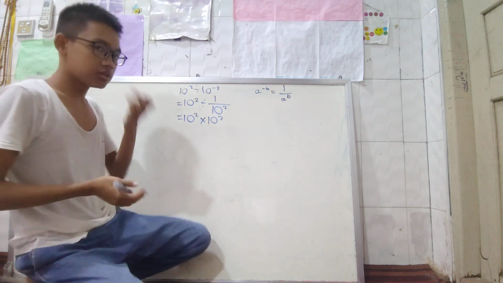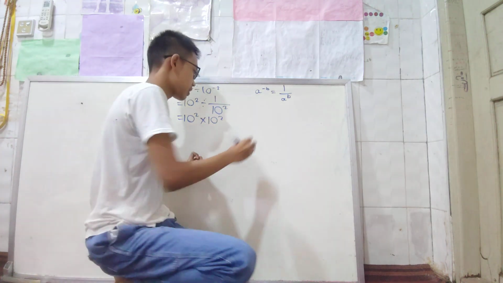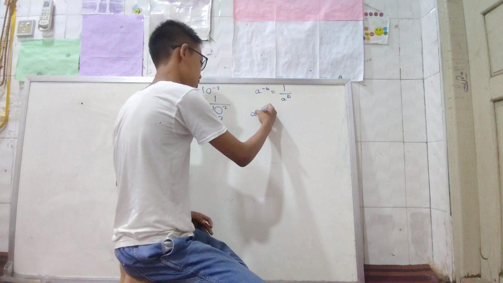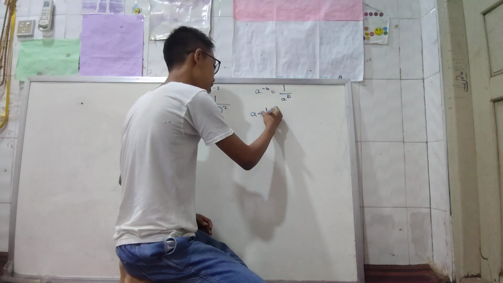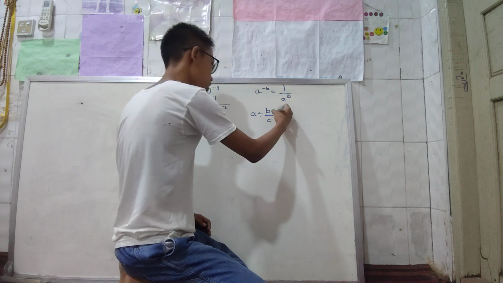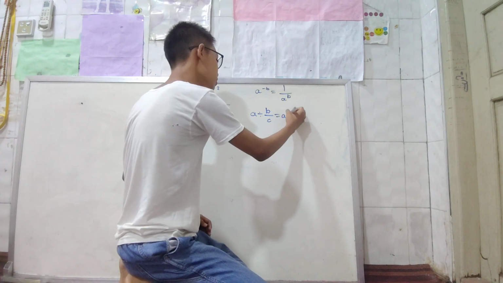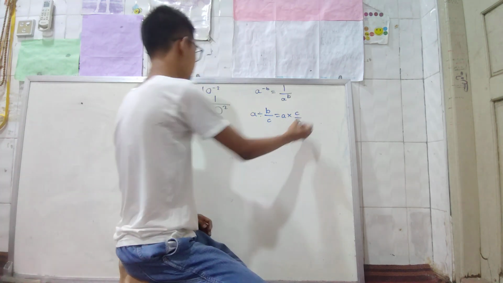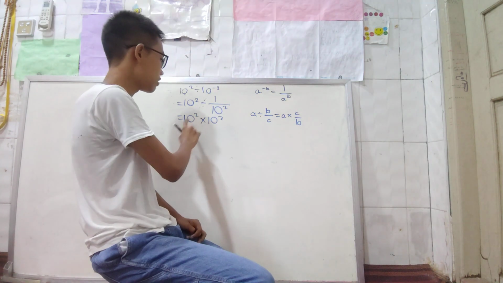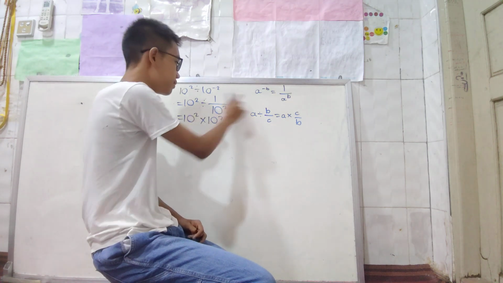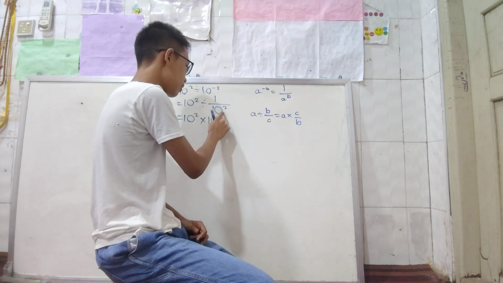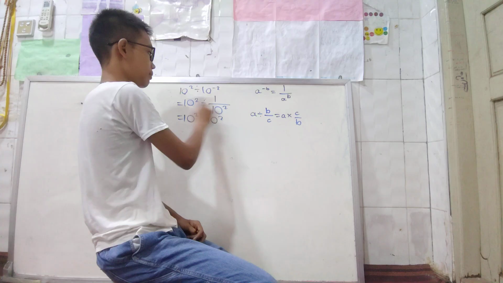Do you know why I did that? Because there's a law: a divided by b over c is equal to a multiplied by c over b. In this case, a is 10 to the power of 2 here, b is 1, and c is 10 to the power of 2 here. You can match it.